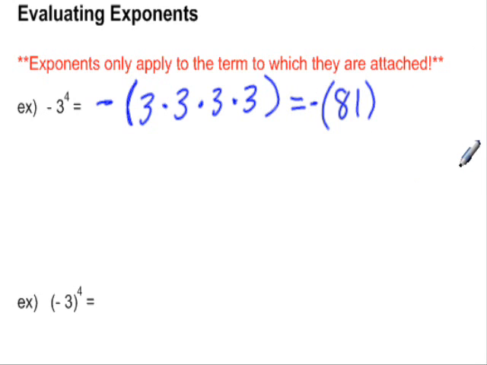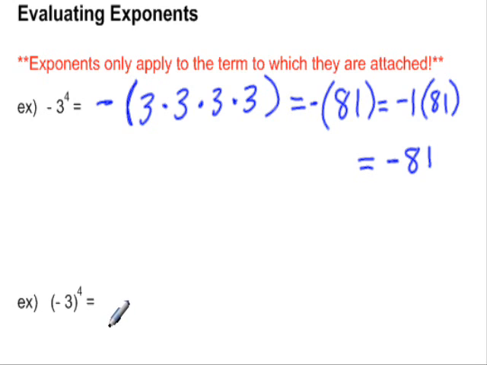And having a negative on the outside is really like having a negative 1 on the outside. So those are interchangeable. This and this mean the same thing. And negative 1 times 81 is equal to negative 81.